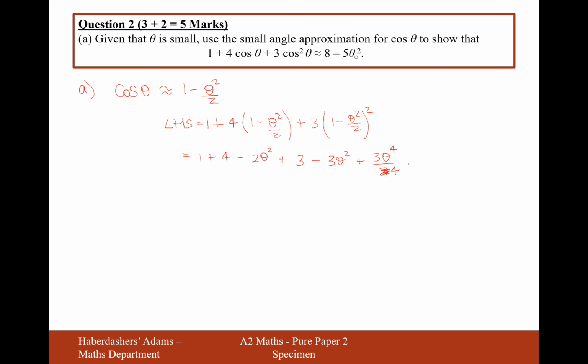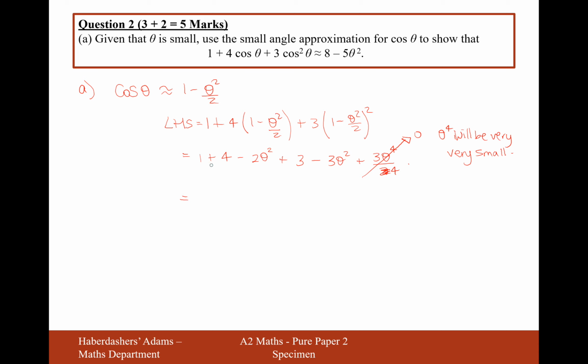Now, we haven't got any thetas to the 4 over here, so what we're going to say is that this term will tend towards 0. Theta to the 4 will be very, very small. As you power a very small value, it gets even smaller, so therefore it would effectively just be 0.